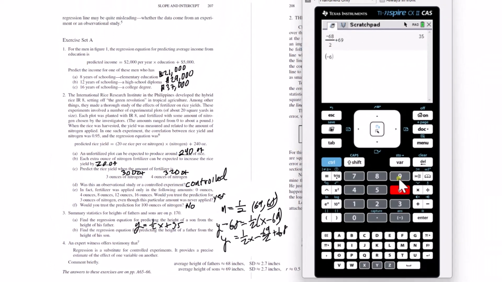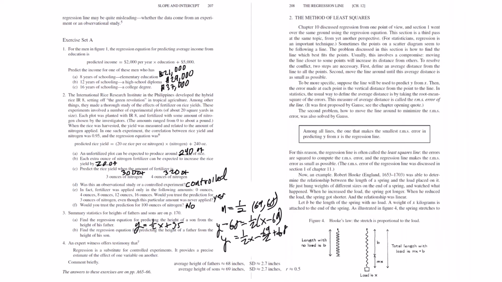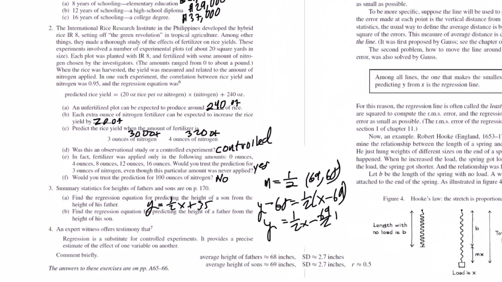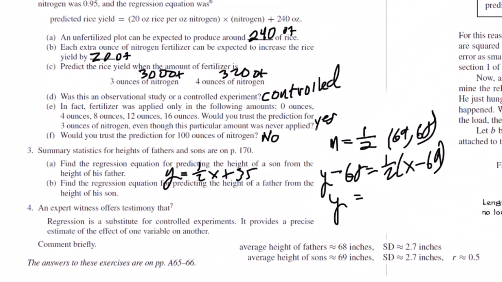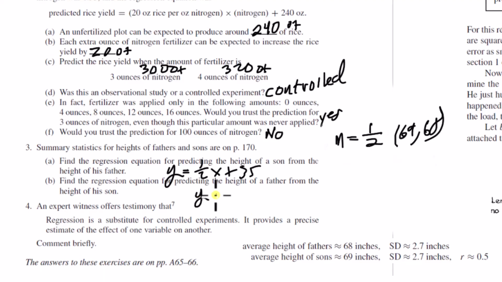What is this? 33.5. So 1/2 x plus 33.5. And this is where the son's height is x and father's height is y.